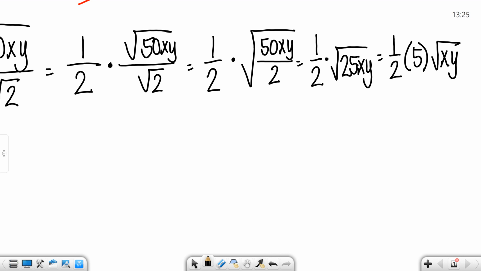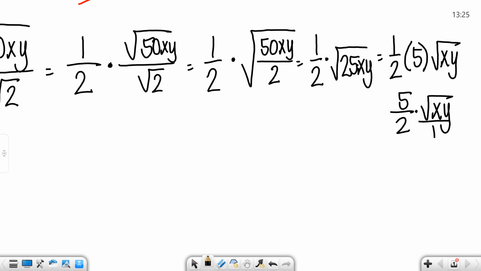So there's 2 ways you could write this answer. Now we're going to go ahead and multiply 1/2 times 5, and that gives me 5 over 2 times the square root of xy. So that's one way you could write that answer: the fraction times the square root.